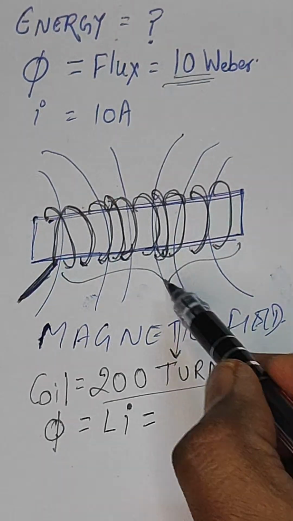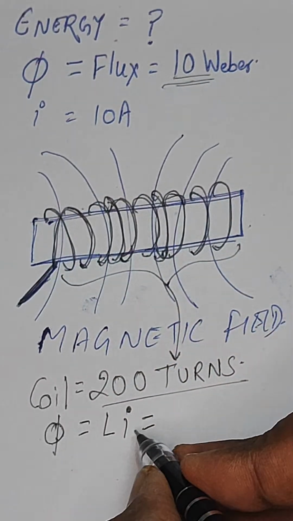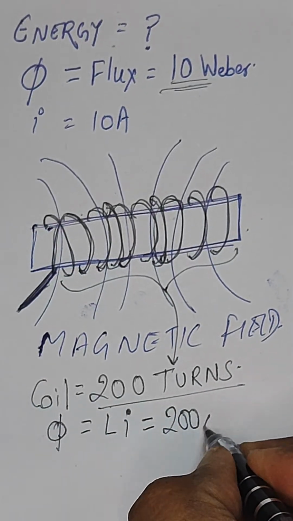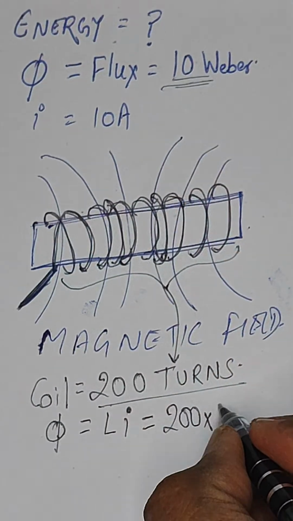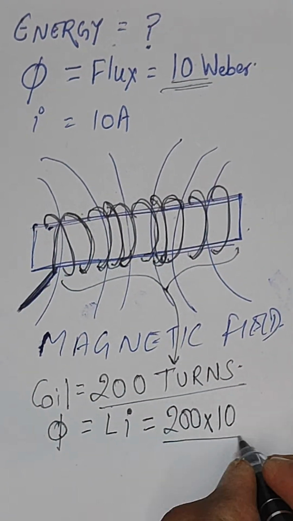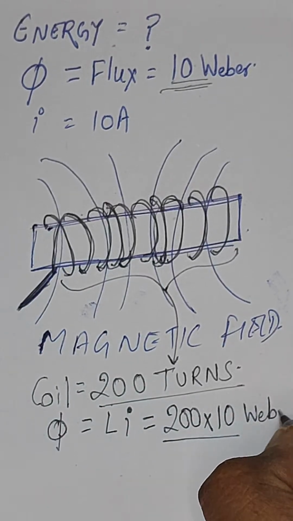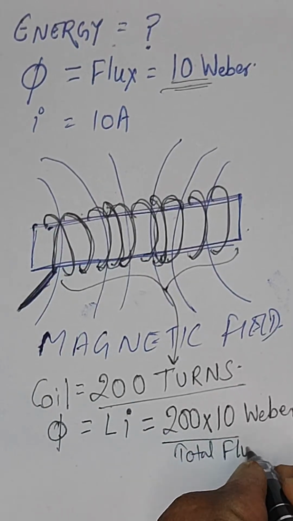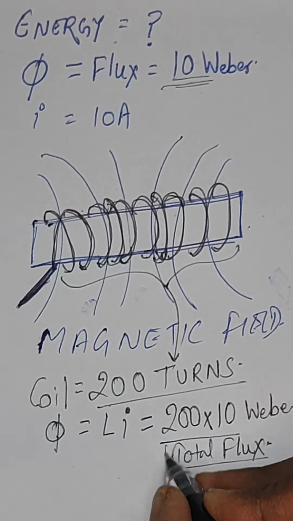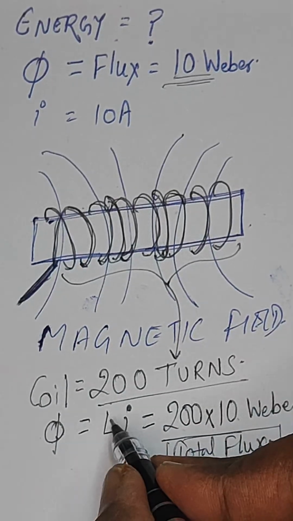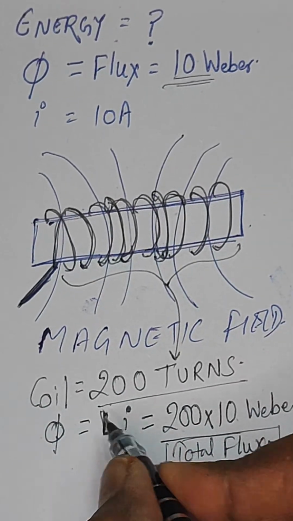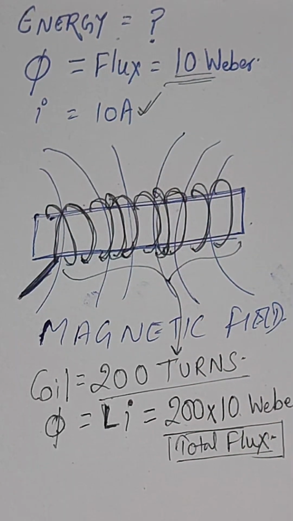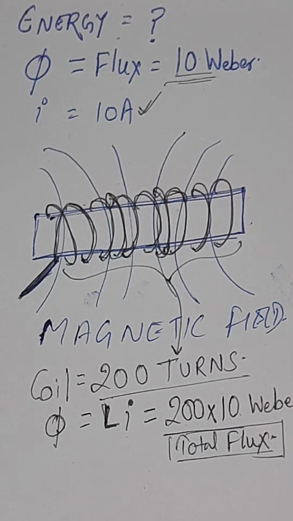So the flux linked in all the turns will be 200 times this flux. This will be the total flux, 200 into 10. You do not know the value of L, but you know the value of I, 10 ampere, so from here we can get the value of L.